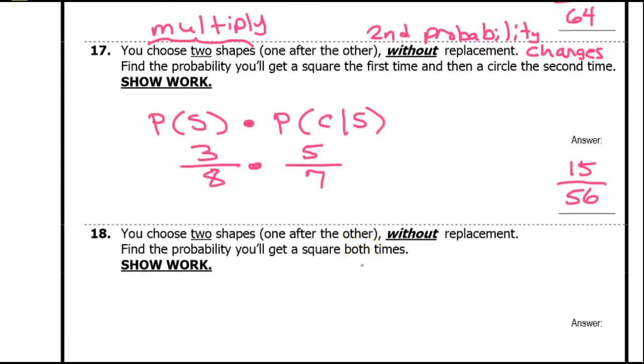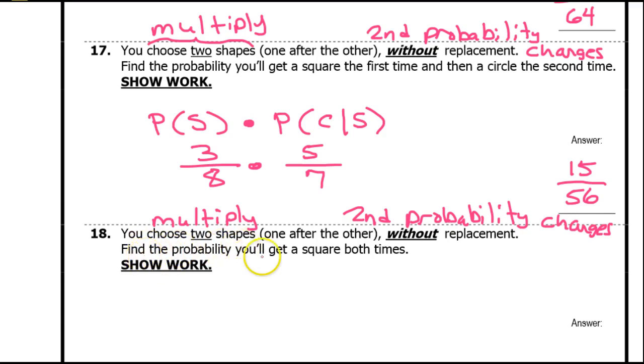Okay, now we choose 2 shapes, one after the other, without replacement. So same deal as before. We're still going to multiply. And the second probability is going to change, because we're not putting back whatever we take out first.